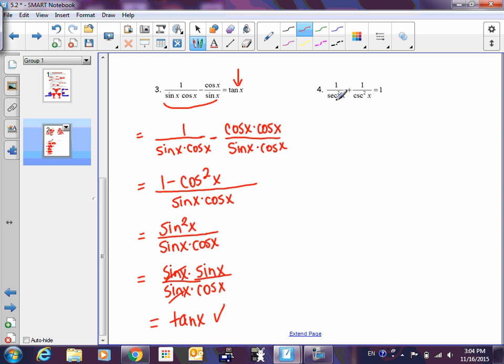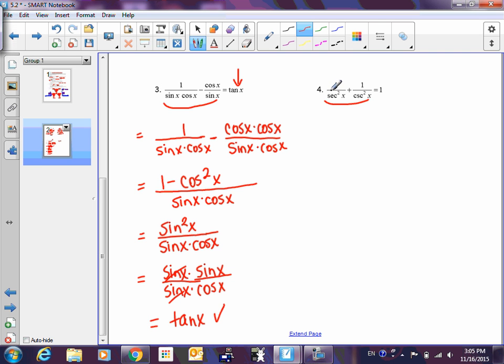Okay, last problem. When you see that something equals 1, don't ever start with the 1 side. That's tough to start with because there are so many things that 1 equals. Start with the more complicated side. What's a word that means the same thing as 1 divided by?